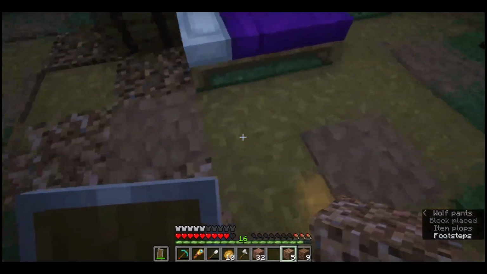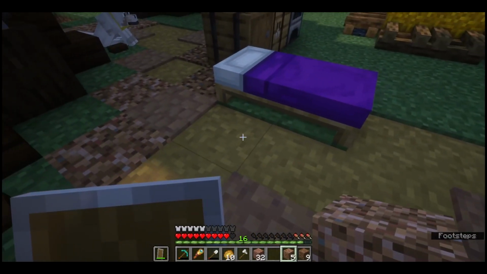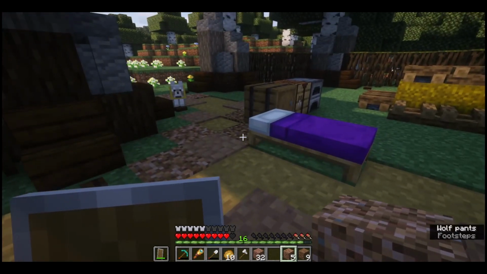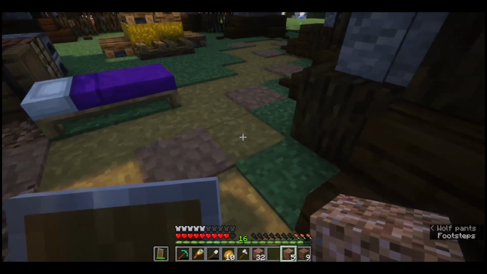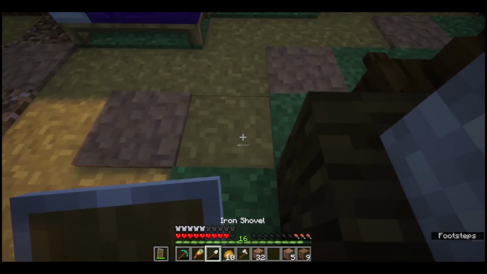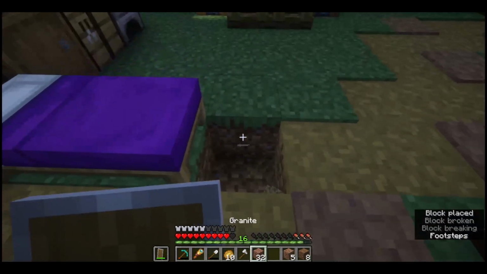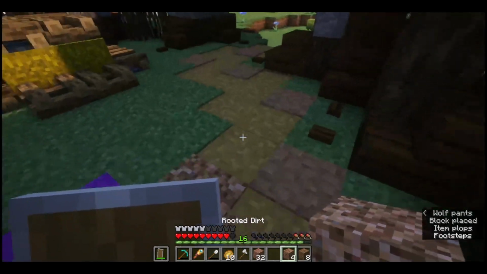Okay, I'm going to follow the path. 1, 2, 3, so that can't actually be coarse dirt, and this can't be rooted dirt, so we're going to put the coarse dirt here and the rooted dirt there. Okay.